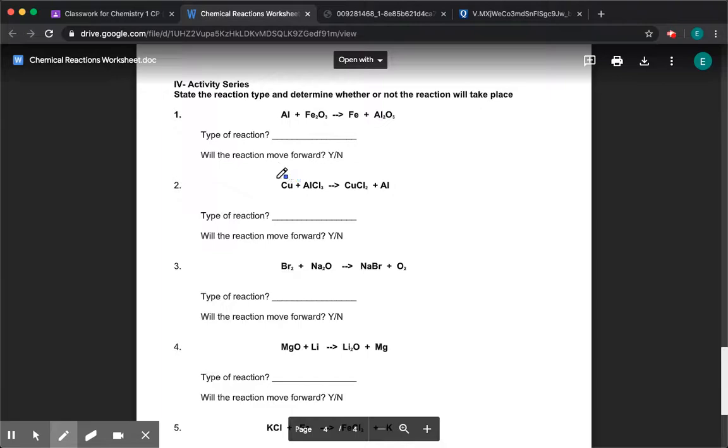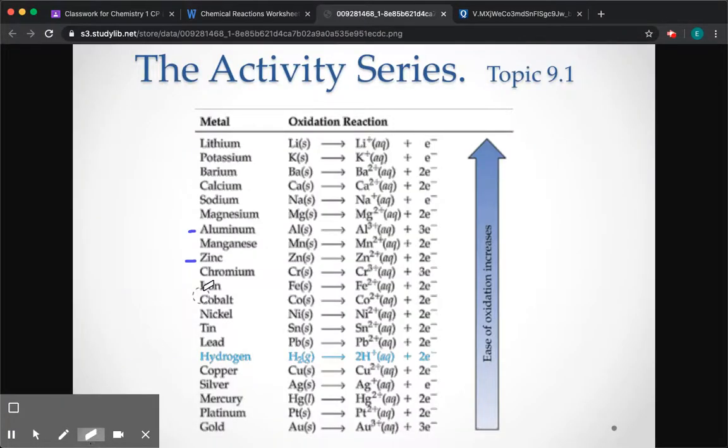So in number 2 we have copper. Copper is by itself. Copper is a metal, which means in this one we need to be looking at the other metal. So in this case we're looking at copper and we're looking at aluminum. Let's go to the activity series. Aluminum, we already see is there, but where's copper? Copper is all the way down here.